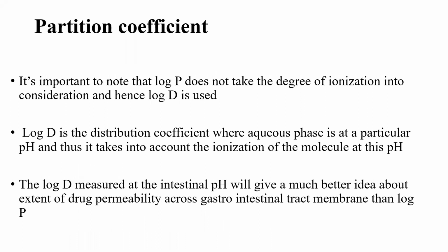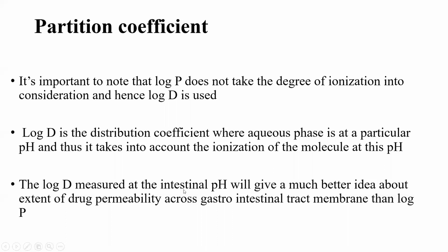So in partition coefficient, there are two terms. One is log P, another one is log D. Log D is the distribution coefficient, where the aqueous phase is at a particular pH. So it takes into account ionization of the molecule at that pH.